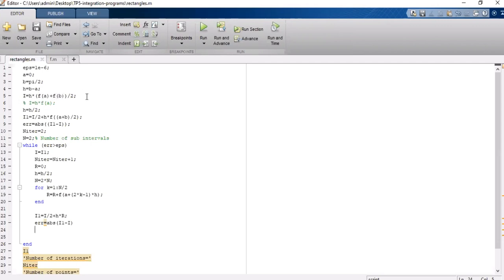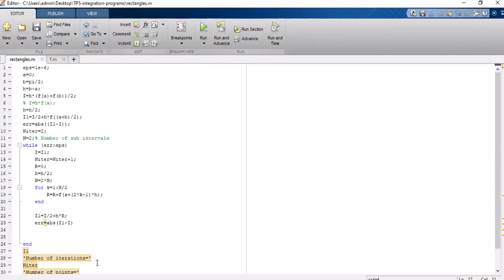I just changed this line into this one. So the first step changes, the second step remains the same, and everything remains the same in the whole program. At each iteration, we're dividing the step by 2, multiplying n by 2, and then doing the sum on all terms, from k equals 1 to n over 2, of f of x i, where x i is 2k minus 1 multiplied by h.